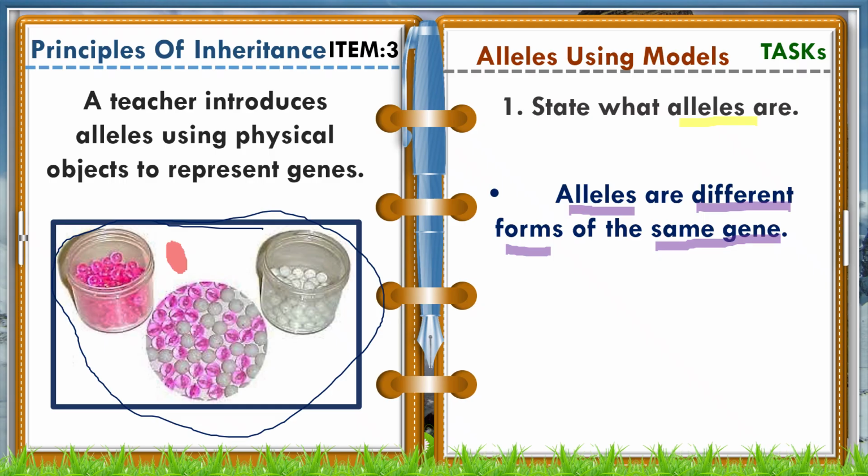this is a gene for skin color. We have picked it from this parent. And then from this parent, we also pick another gene, that one. That one is also a gene for skin color. This one has been picked from this parent, and this one has been picked from this parent.